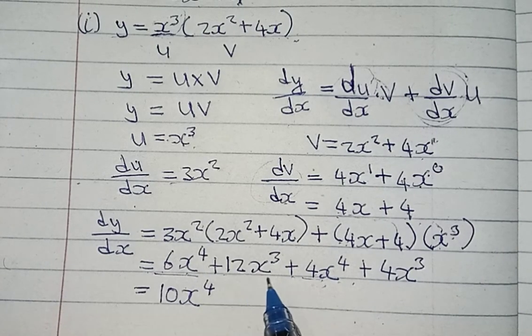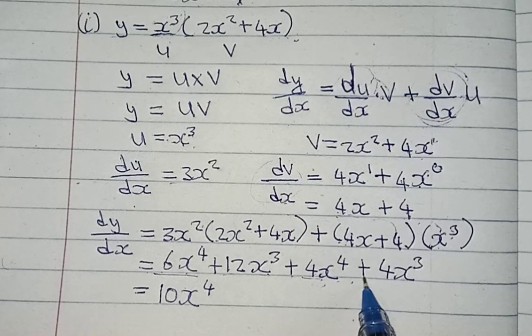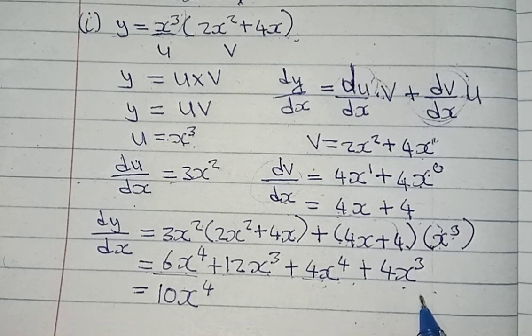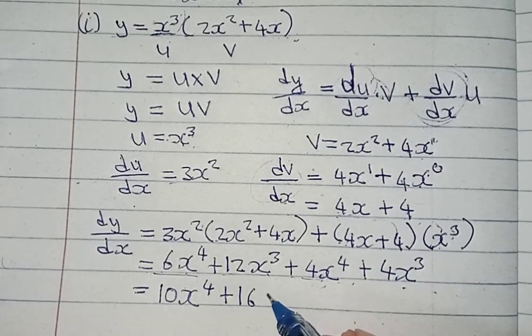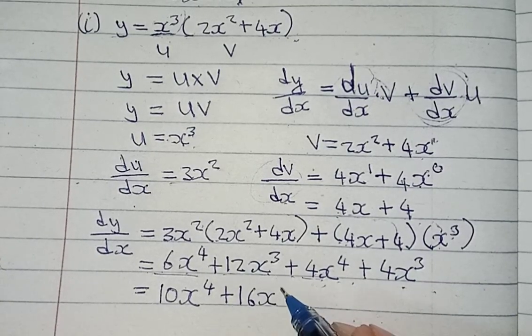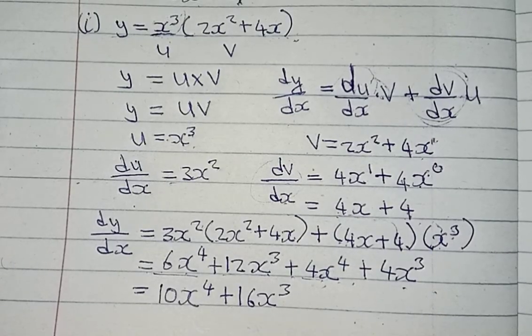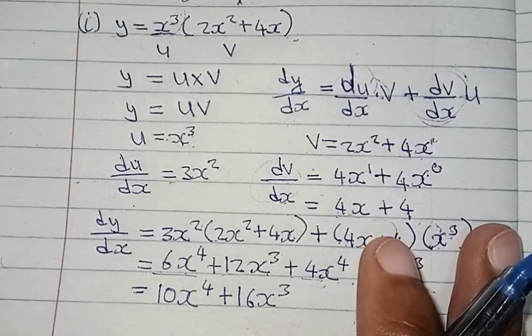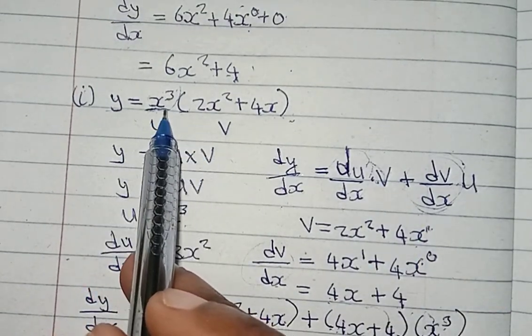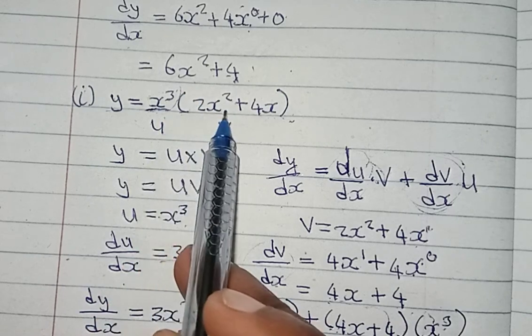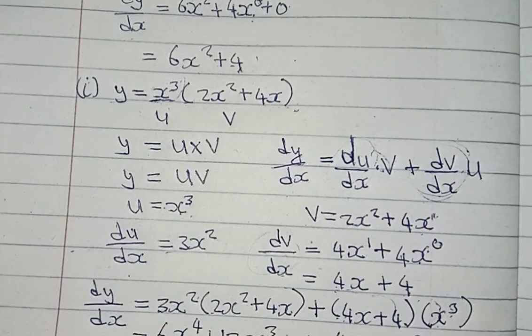Then we also have these like terms, 12x to the power 3 plus 4x to the power 3, which will give us 16x to the power 3, like that. So this is our final answer, dy/dx. So that is the derivative of this function, x to the power 3, open parenthesis, 2x squared plus 4x, like that.